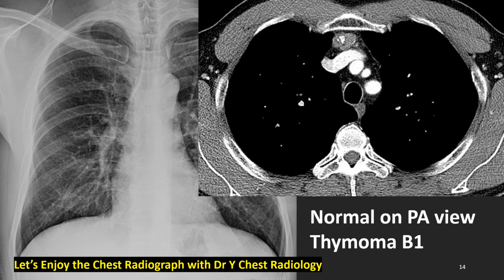This axial contrast enhanced CAT scan shows a solid mass, about 2 cm, relatively diffuse, homogeneously enhancing soft tissue tumor with calcification. It was proven as thymoma B1. This is a prevascular space tumor of thymoma.